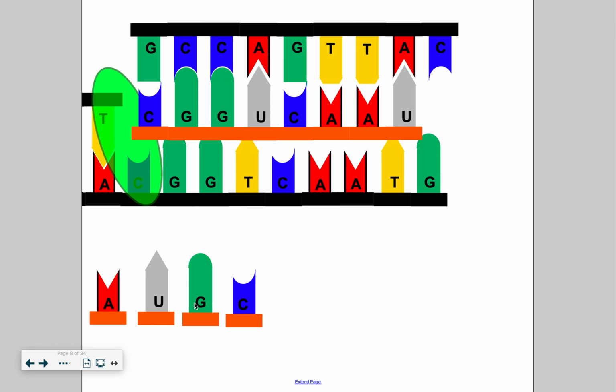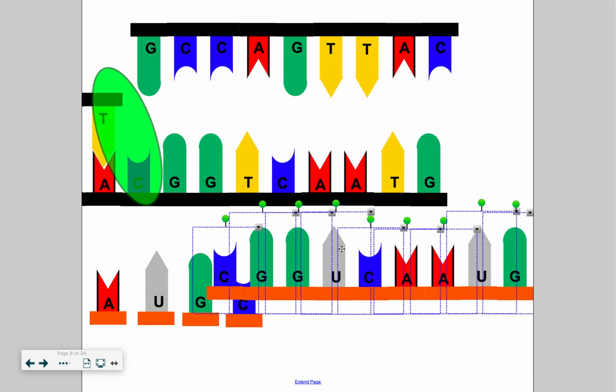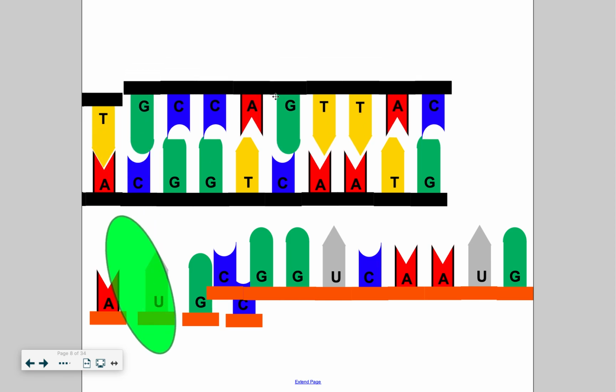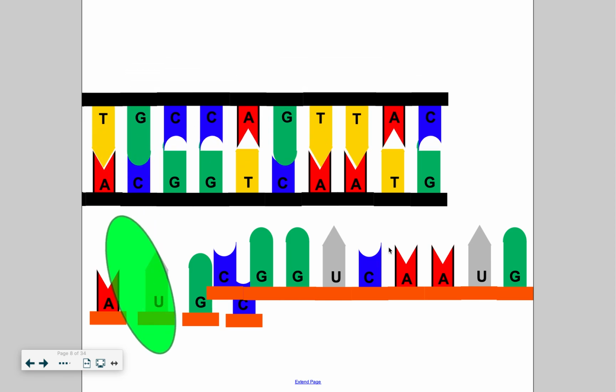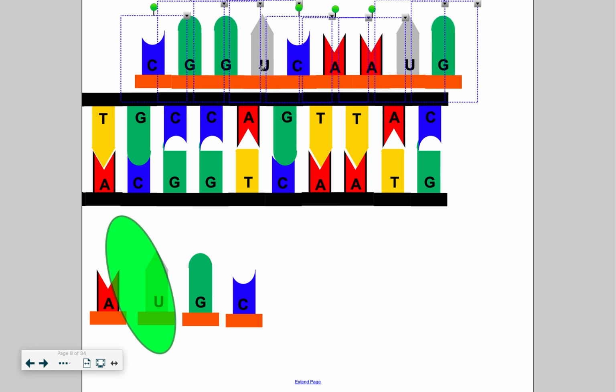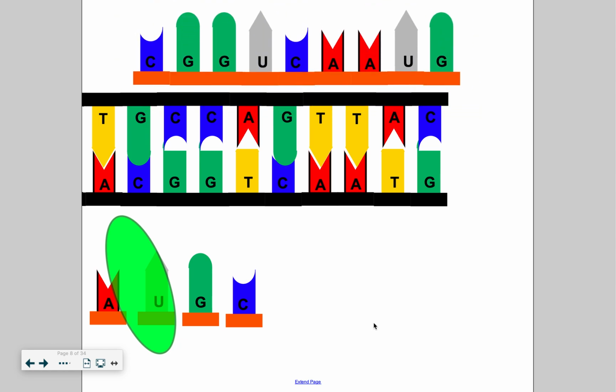And then C pairs with G. Okay, so I've made this single-stranded mRNA molecule, and that's going to fall off. And RNA polymerase is going to fall off as well, and DNA is going to zip right back up. Okay, boom, we read the gene that we wanted. This mRNA, maybe it's a gene, but it's going to go on and leave the nucleus and find a ribosome and hopefully become a functional protein that you need.